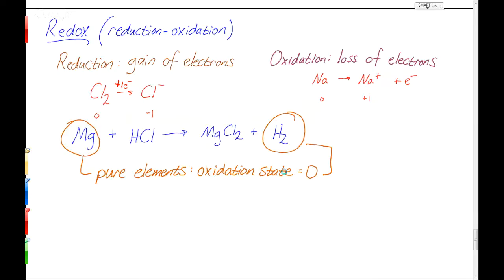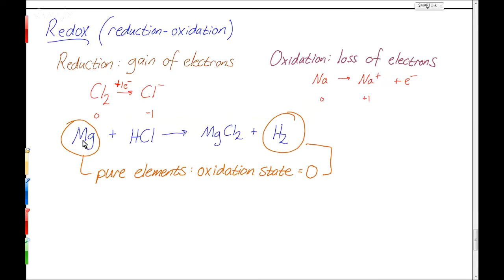So in this case, we know that oxidation reduction has occurred because we have, let's look at the magnesium. Mg in its pure elemental state has an oxidation state of 0. What's the charge of magnesium on the other side? On the right side of the equation, what's the charge of magnesium? On the left side, it's 0. But what about on the right side?